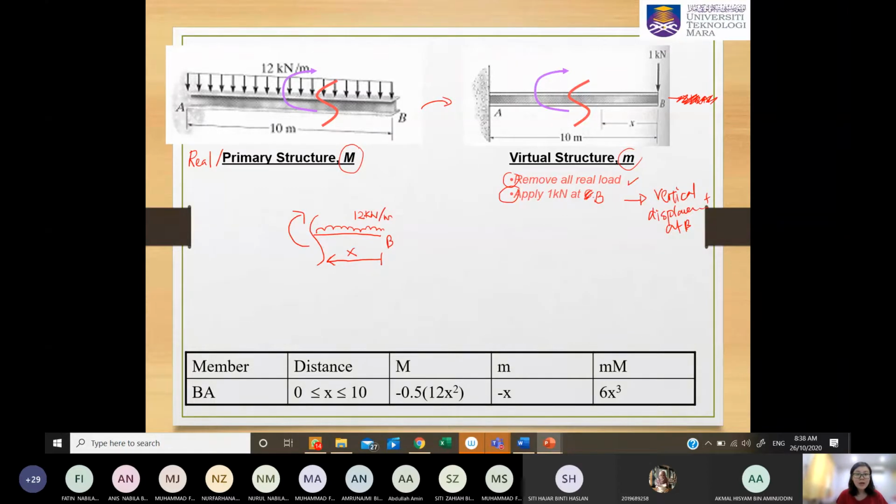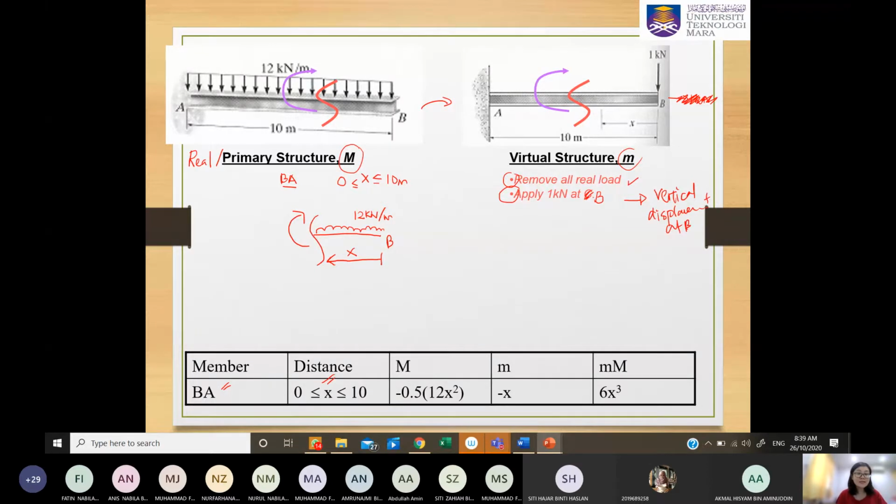For this section, I can call it BA because I start from B. Because I'm representing these equations for the whole length of BA, X starts from B, which is 0, and the maximum length will be 10 meters. This will be your range. You need to be able to write your range.